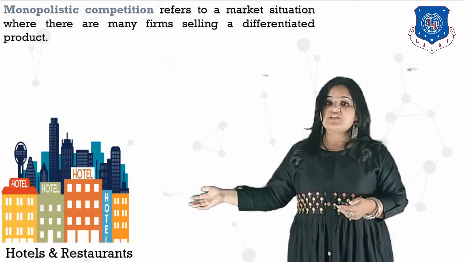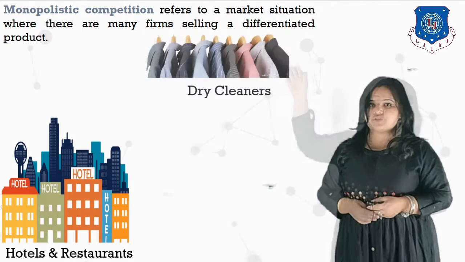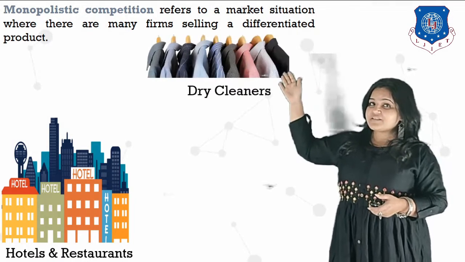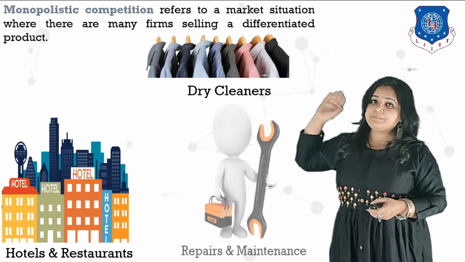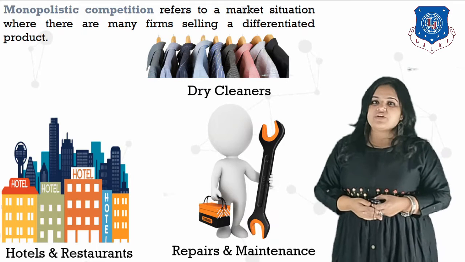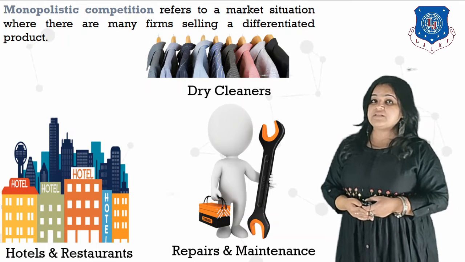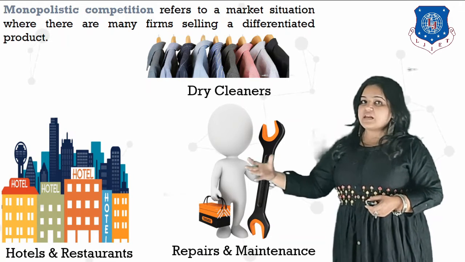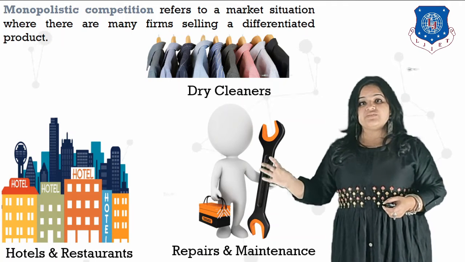The hotels and restaurants are in monopolistic competition. The dry cleaners are in monopolistic competition. The repair workers who do repairs and maintenance are in monopolistic competition. Because there are large number of people doing each of these things.